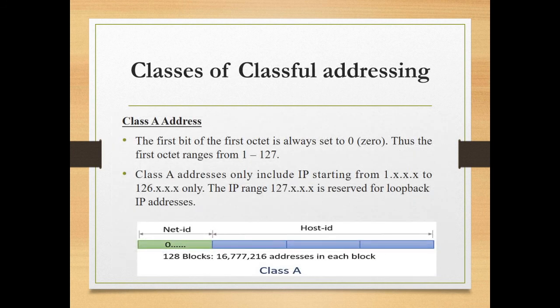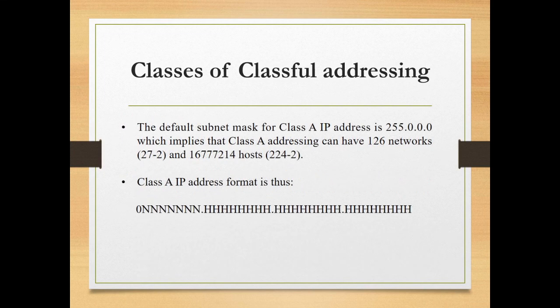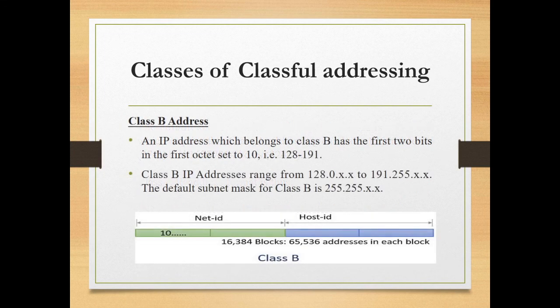Now we can see each class in detail. Class A address. Here the first bit of the first octet is always set to 0. Thus the first octet ranges from 1 to 127. Class B address. An IP address which belongs to class B has the first 2 bits in the first octet set to 10, that is 128 to 191.